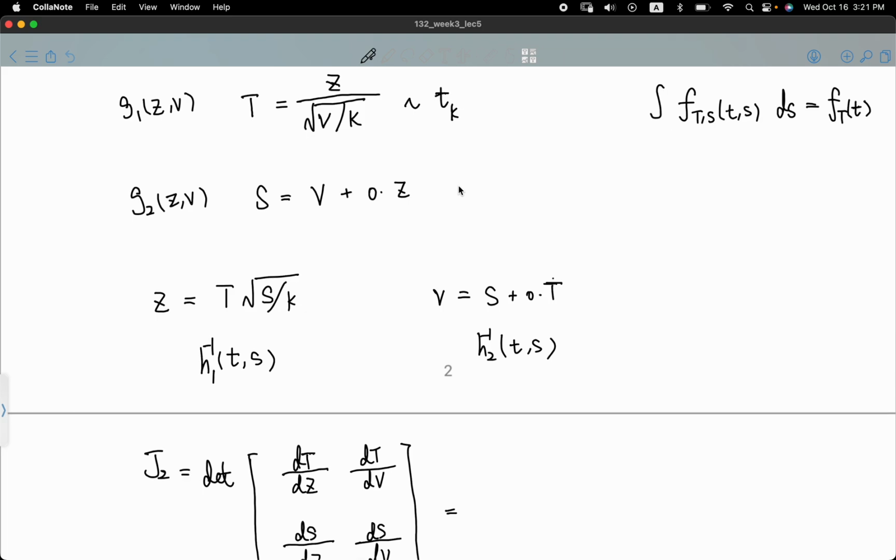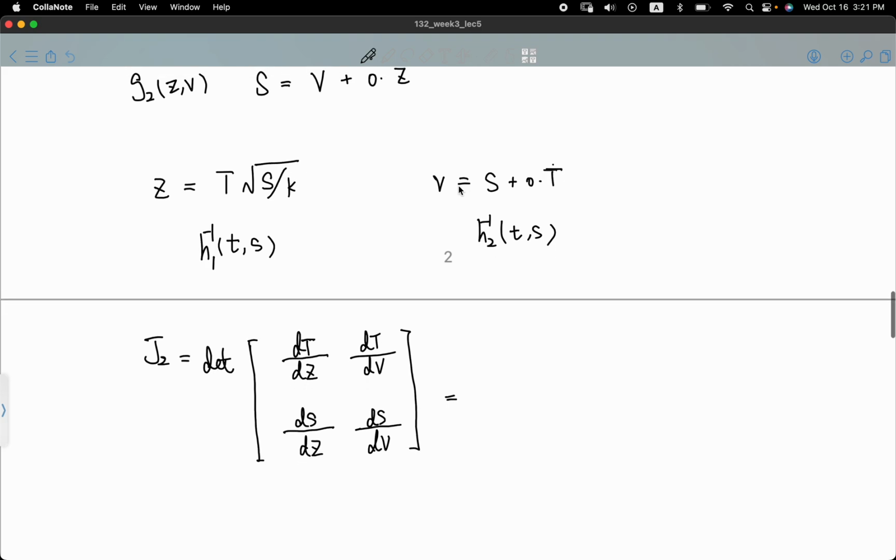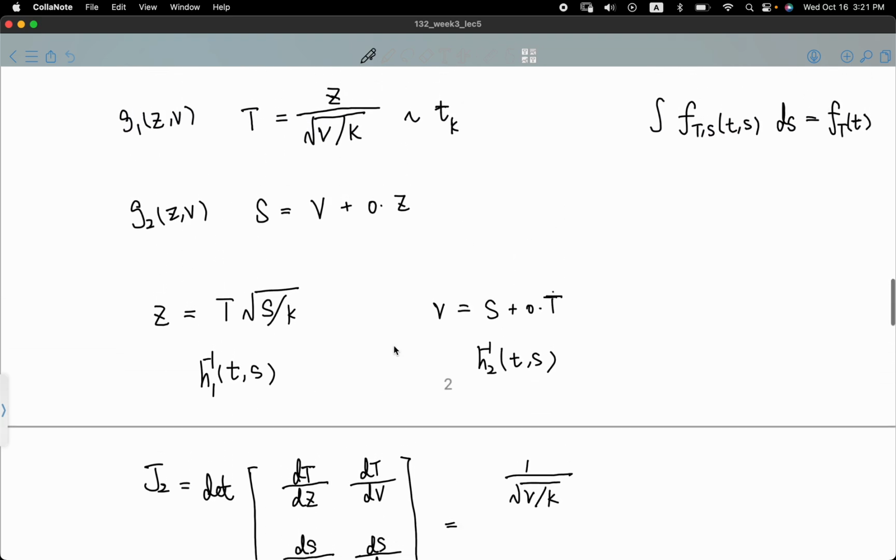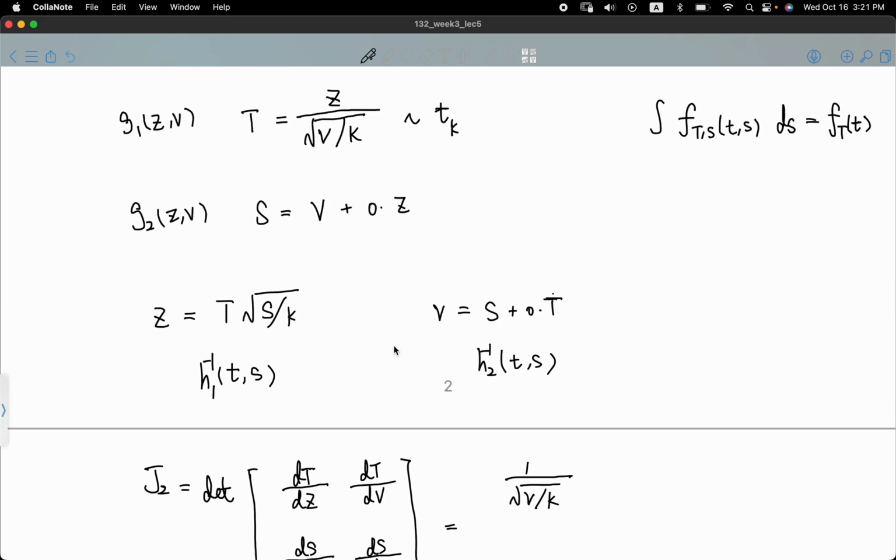should be 1 over square root of v divided by k. Okay, and then dt, dv for now can be a little bit difficult. Let me just write down the form.